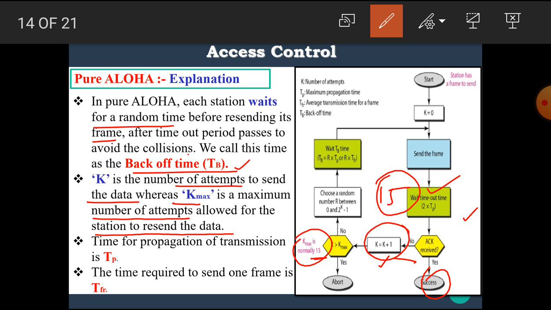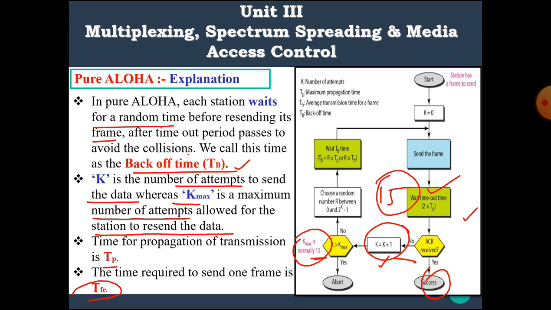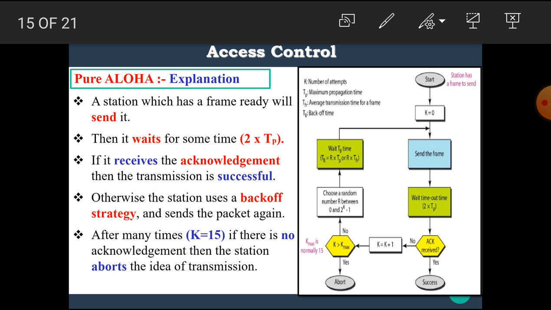The time for propagation of transmission is TP and the time required to send one frame is TFR. Now let's see the explanation of this flowchart. A station which has a frame ready will send it.